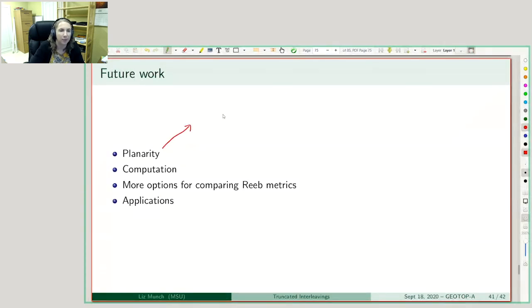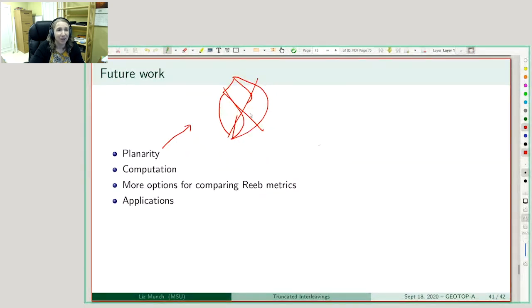Let me make one side comment. We actually found this definition via some things we were doing in terms of Reeb graph planarity. A Reeb graph is planar if you can draw it in the plane in such a way that it doesn't intersect itself. Actually, this is a bad example. That one is planar because I could have done it somewhere else. If you have a question, please feel free to stop me.